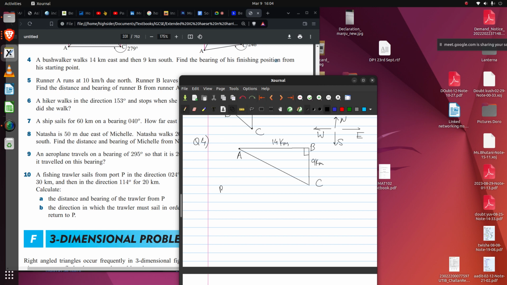You should clearly write what you are looking for, like bearing of dash from dash. You are supposed to write two vertices out of the three that you are looking at. You have to understand the question and write.